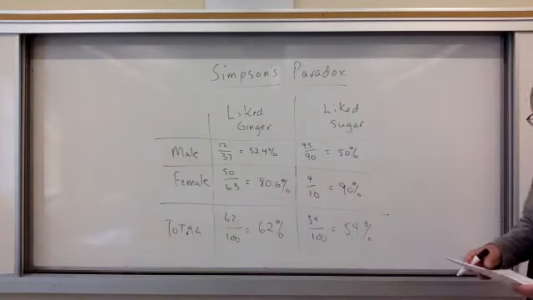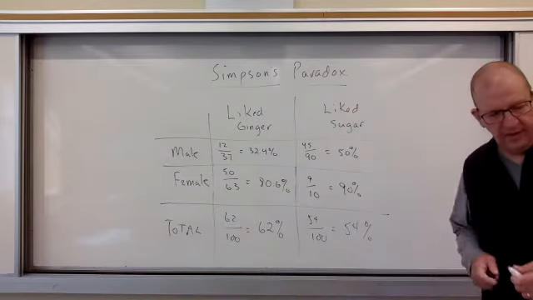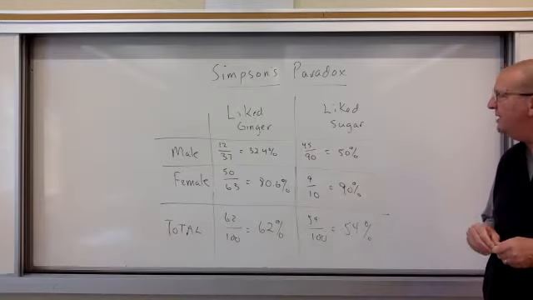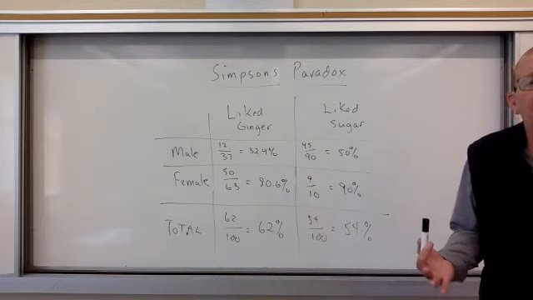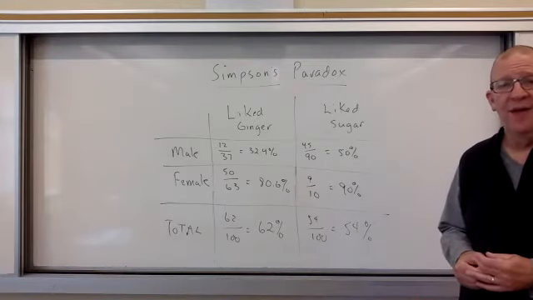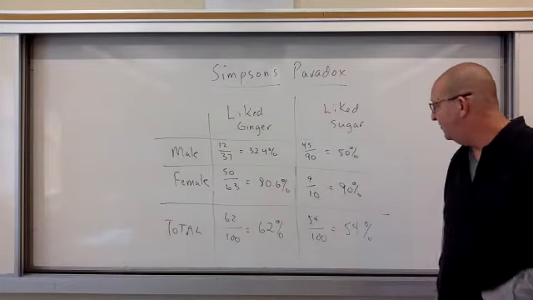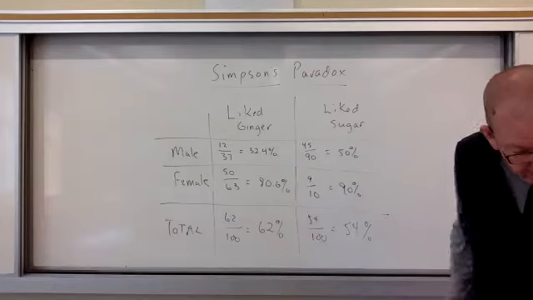We're just going to keep looking at that for a minute. What's happening here? Well, it's something called a lurking variable. There's another variable going on here, right? Just a small number of men came through. That's one of them.